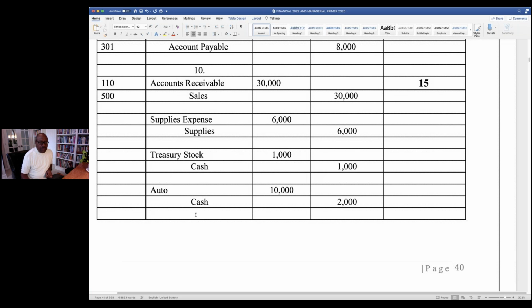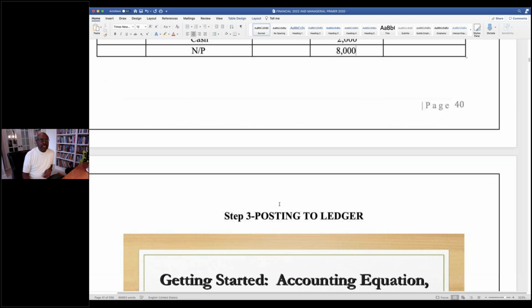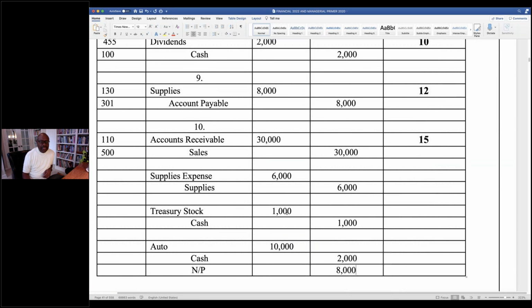And therefore, we will sign a note payable for the balance, right? Yes. 8,000. Okay. Need some more lines in here.